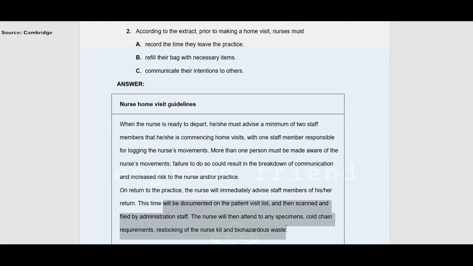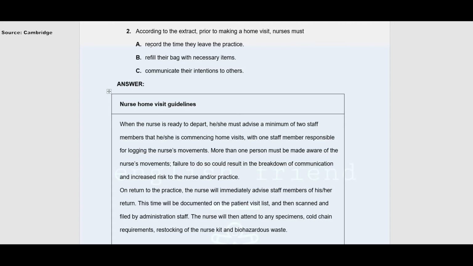The nurse will then attend to any specimens, call chain requirements, restocking of the nurse kit and hazardous waste. So what is a must here? Question is asking, according to the extract, prior to making a home visit, nurses must communicate to other people regarding what they are about to do or what their intentions are. Communication is so important as per this particular text.